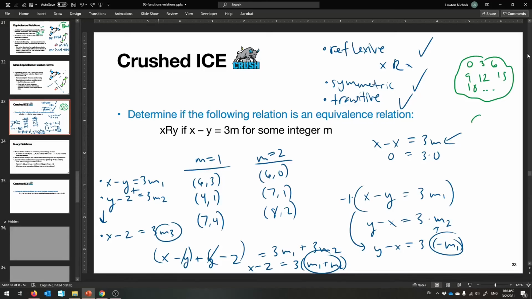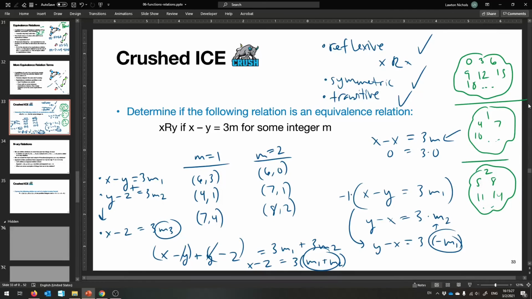Interesting. And then the other equivalence class would be 1, 4, 7, 10. All the things that are 3 apart there. And then, finally, 2, 5, 8, 11, 14, dot, dot, dot. So if you would believe it, and I think I've convinced myself that these are the equivalence classes, these 3 things, that's how it's splitting up numbers, it's mod 3.